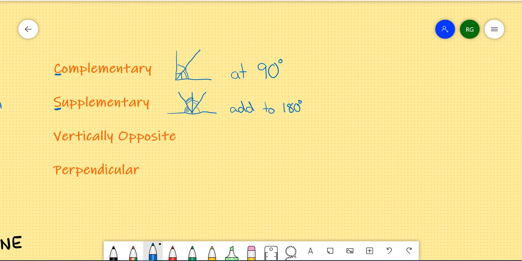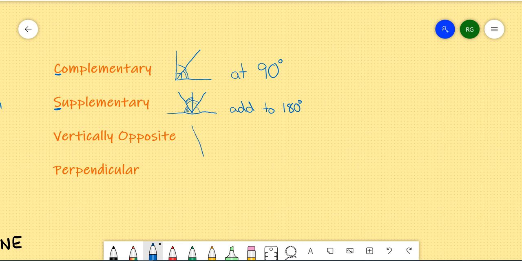So again, I think of the S as 180. It's up to you how you remember the difference between complementary and supplementary. But complementary, I think of as C coming in first in the alphabet before S, and therefore 90 comes before 180. That's just a little trick that I have. You might have something totally different. Whatever works for you is awesome.